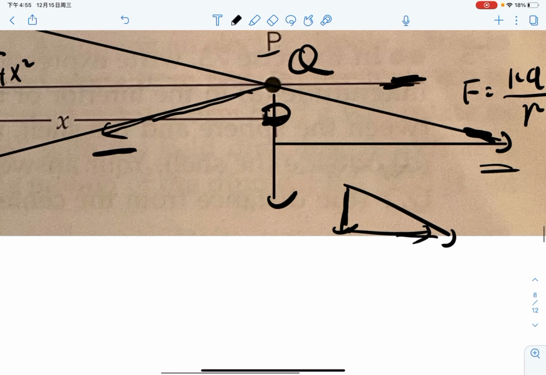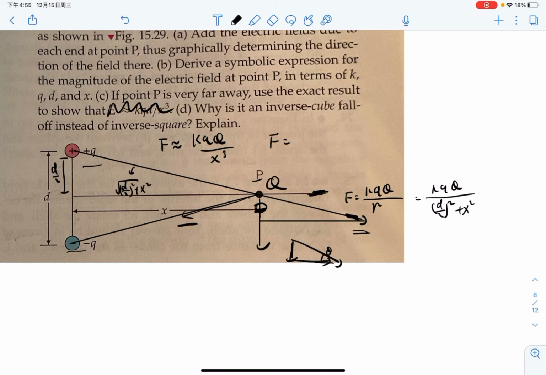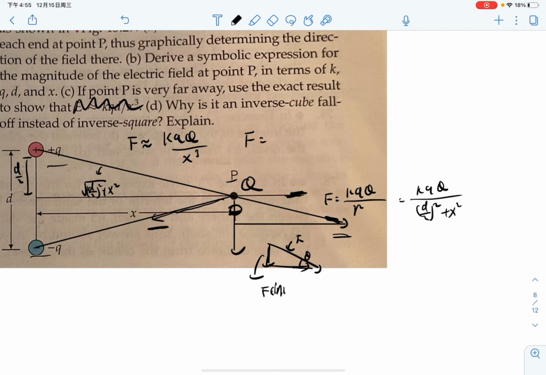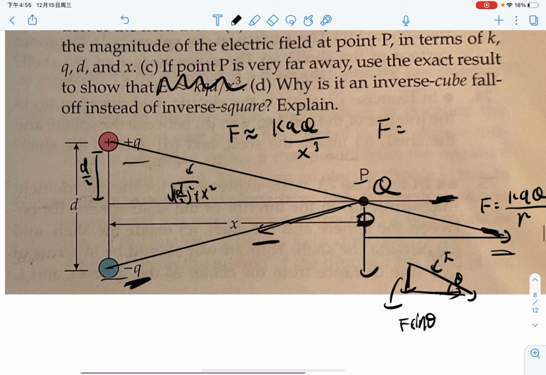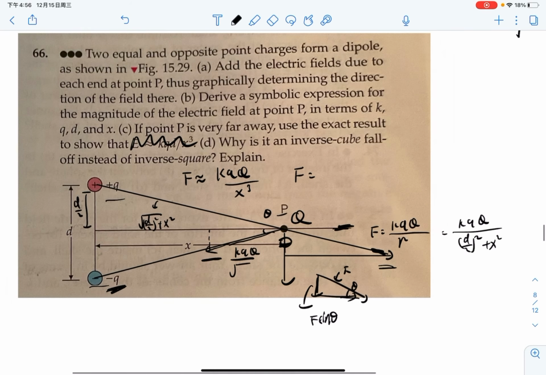For this, we know that this is f, and this is f sine theta. Similarly, this is also the case. Let me draw a diagram right here. So this is theta, and this is k small q big Q times d divided by 2 squared plus x squared.